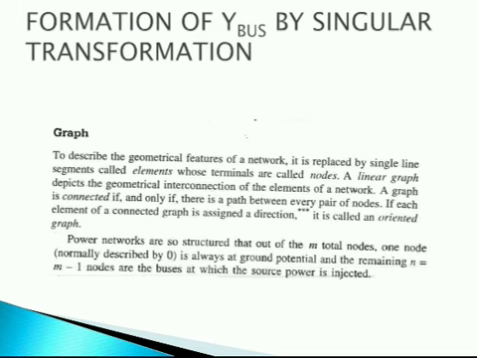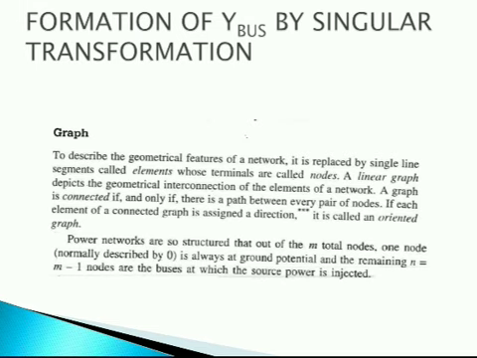If we want to simplify and think about the connection itself, that is called the graph. It is a geometrical pattern. If we replace all the elements by single line segments, these are called elements, and they connect to each other at nodes. It is just a depiction of how these elements are connected.